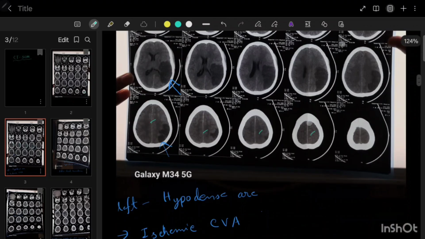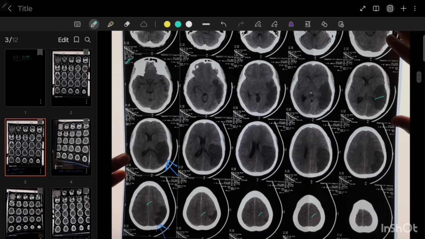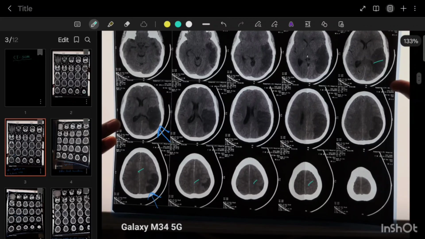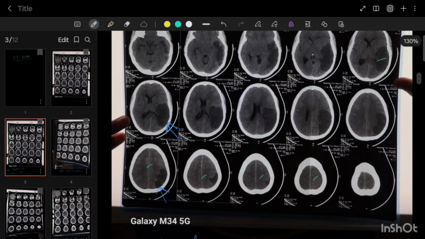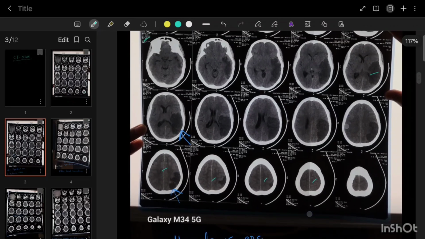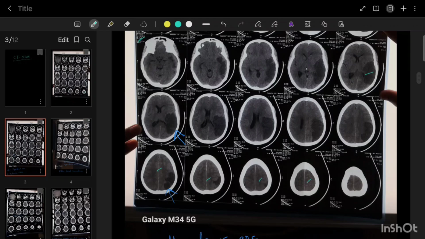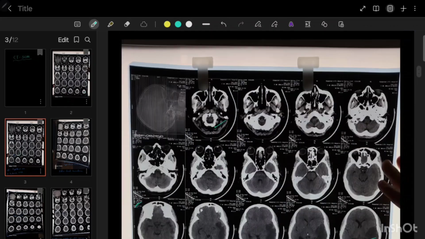A hypodense area in the CT scan means there is ischemia, meaning obstruction of blood flow, and due to this ischemia develops. So when you see a hypodense area you have to suspect an ischemic stroke. So what to tell in this CT scan: left sided hypodense area, ischemic cerebrovascular accident.